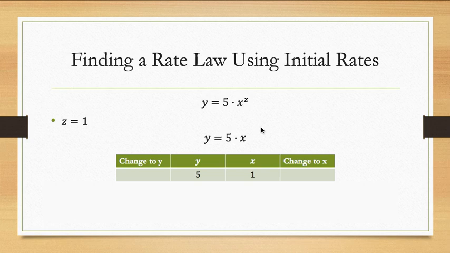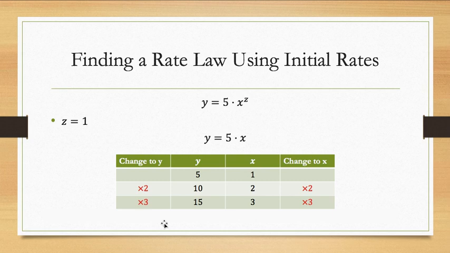If I double x, going from x equals 1 to x equals 2: when x was 1, 1 times 5 is 5, so y was 5. Now when x is 2, 2 times 5 is 10. By doubling x, y has also doubled. If x were 3, 3 times 5 is 15, so y is 15, and now we've tripled y.